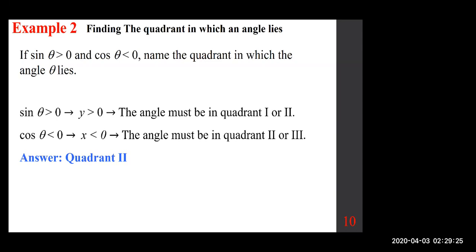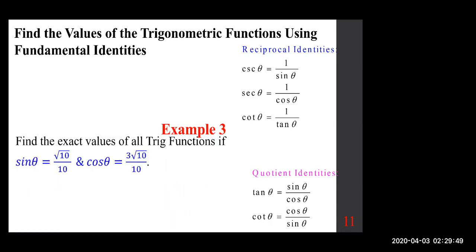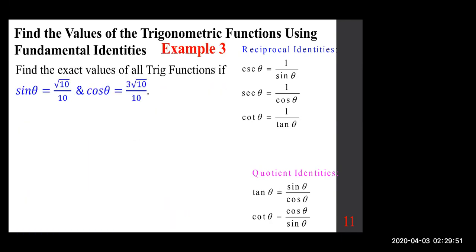Now, these are the quotient identities, and these are the reciprocal identities, class. Everybody remembers them, I hope. This is the example we want to look at.